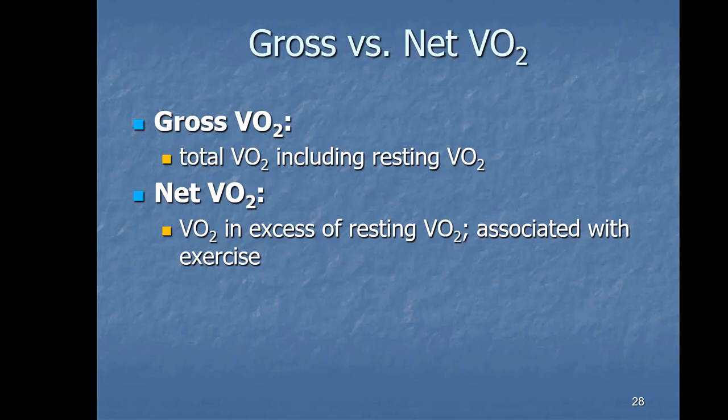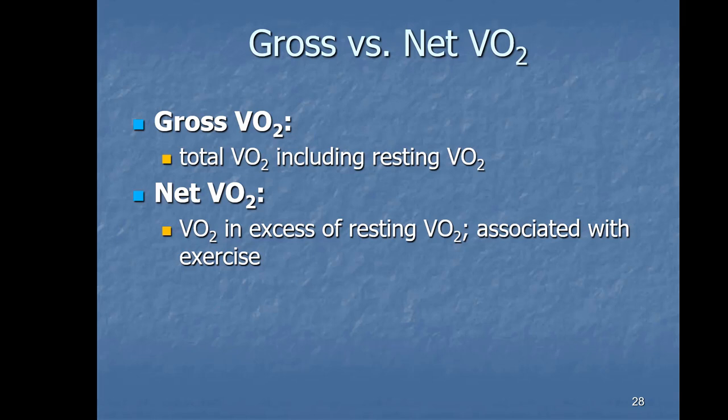So back to that example, if I'm walking and my oxygen consumption is measured at 10 milliliters per kilogram per minute, that would be my gross. And let's say I know my resting oxygen consumption is 3.5 milliliters per kilogram per minute. That means my net VO2, which is associated with that walking, would be 6.5.